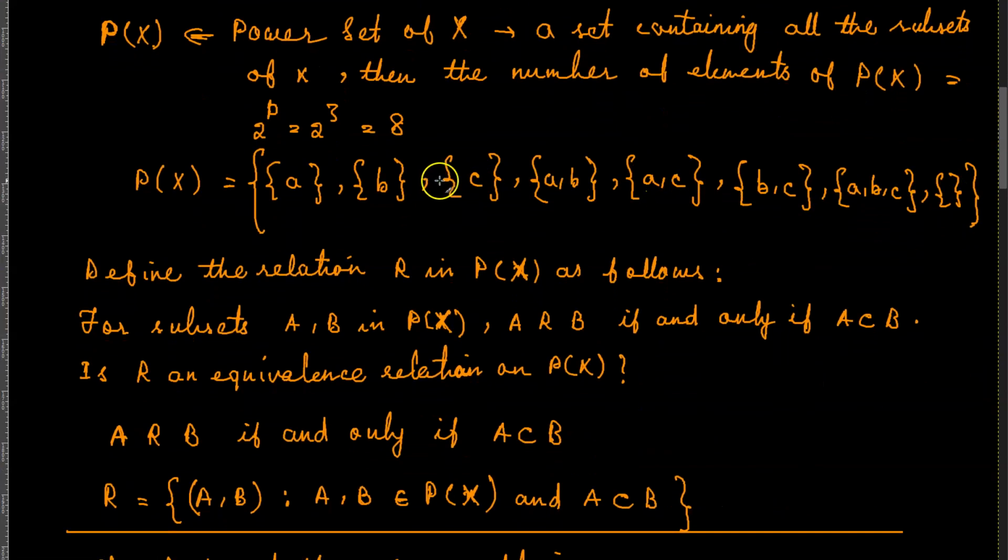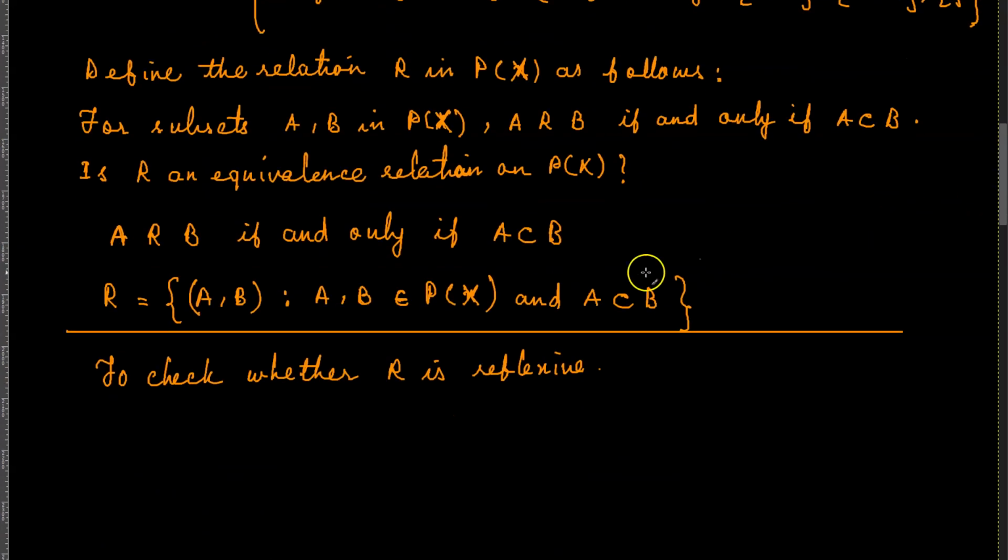Now, what we are saying here is that to check whether R is reflexive, the condition that you need to use here is that A comma A belongs to R for every A belonging to A, meaning that for every member of the set A, A comma A has to belong to R, right?